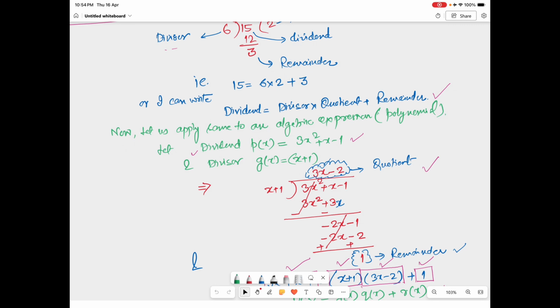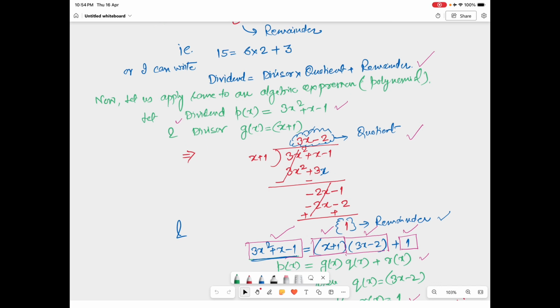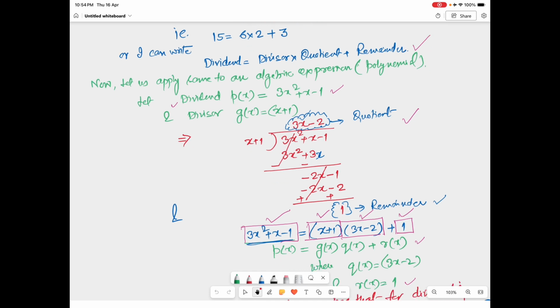In the polynomial, if I take a polynomial, let's say 3x square plus x minus 1, which is a polynomial p(x), and if we divide it by another polynomial x plus 1, whose degree is less than or equal to that of p(x), then we get a quotient 3x minus 2 and a remainder 1.